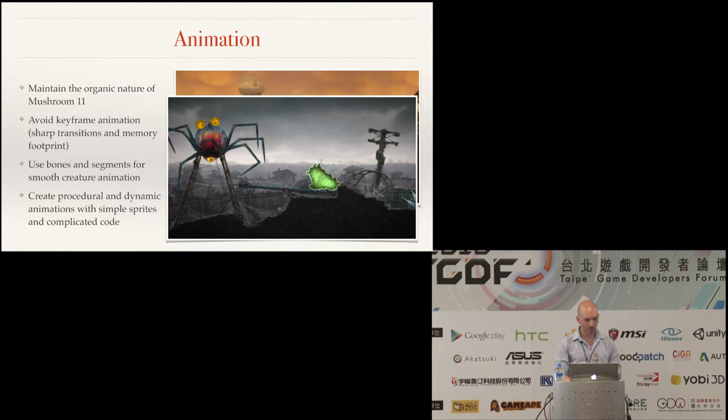So I use bones a lot and vertex animation a lot, using a lot of procedural and dynamic animations. And I'll show that. One very, very cheap option to use for animation is UV animation.